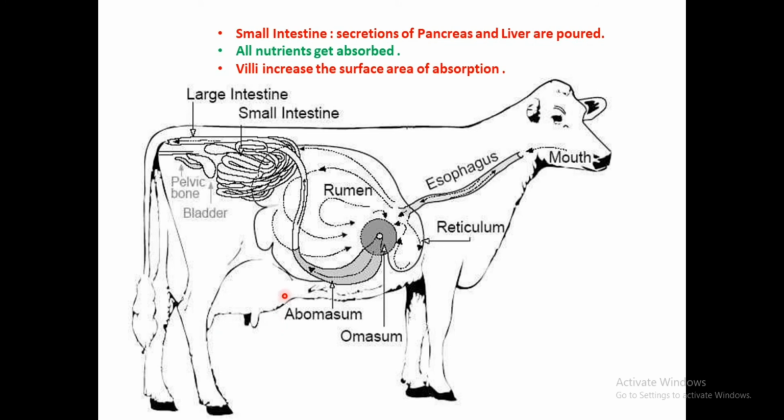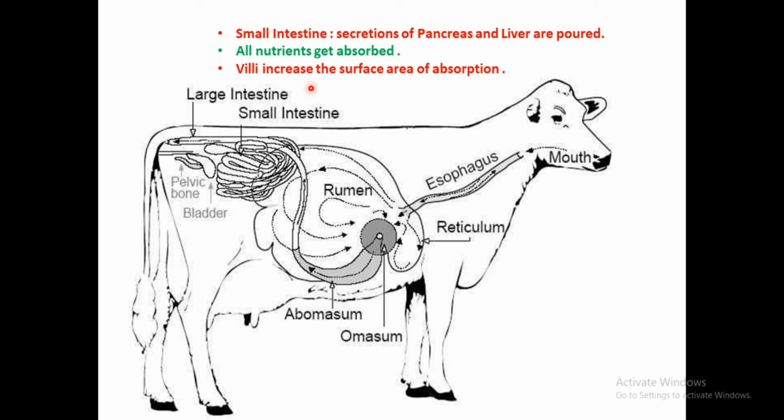From the abomasum, the digested food travels into the small intestine, and like in our human body, when I taught you about digestion in the human body, I mentioned the villi. Here also in the small intestine villi are present, and you remember the importance of villi? They are finger-like projections which absorb the nutrients from the food, and they also increase the surface area of absorption.